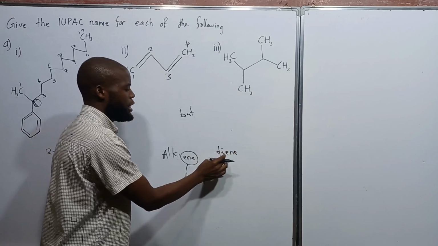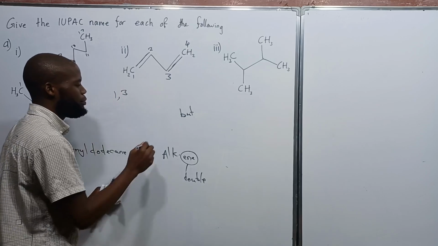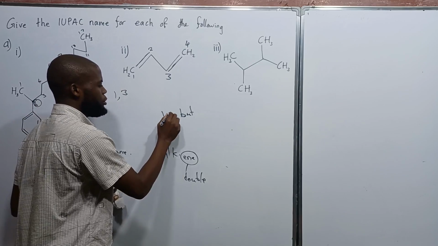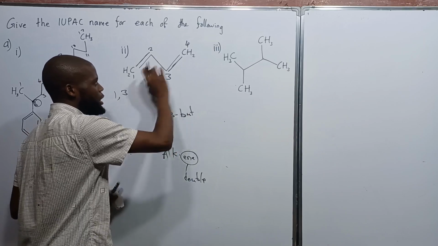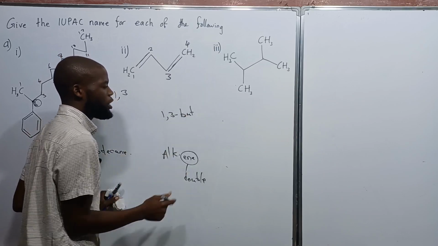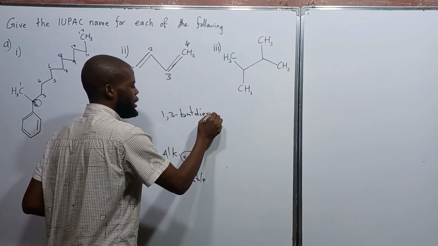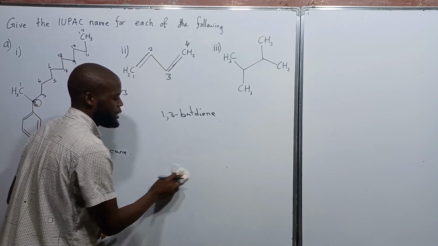So this becomes diene. So for this compound, at carbon number 1 there's a double bond, and also at carbon number 3 there's a double bond. But indicates the longest chain has 4 carbons. Di, ene, indicates there are 2 double bonds present in this compound.